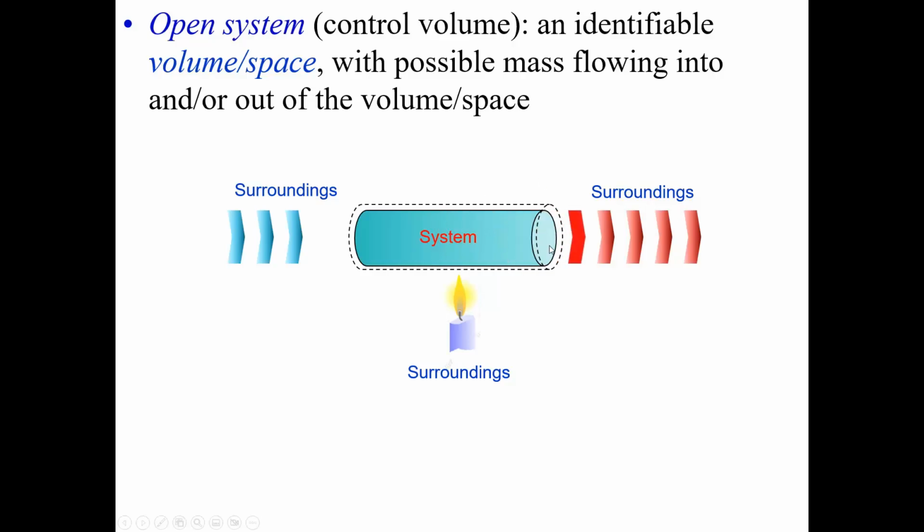One example is shown here. Here we have a water pipe and the water flowing through this pipe. At the same time, the pipe is being heated up, so the water temperature increases as it flows through the pipe. Now if we focus on this pipe, then it's an open system, because this pipe is an identifiable volume or space.